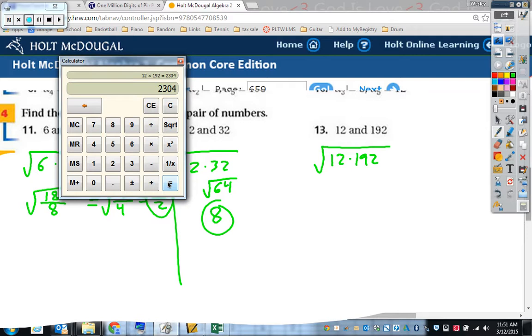It equals 2,304. And if I just take the square root of that, I get 48.